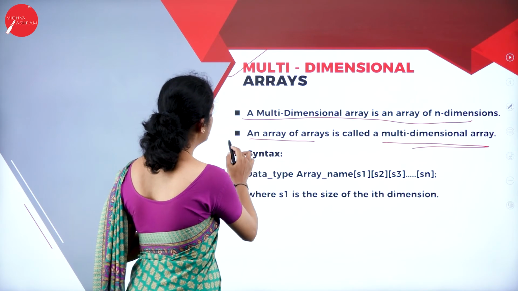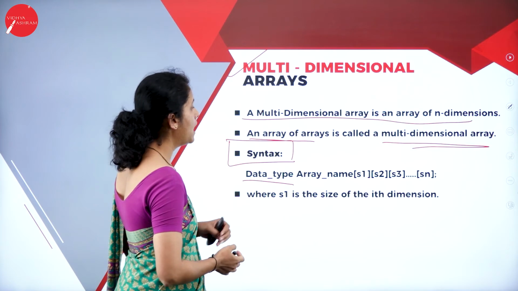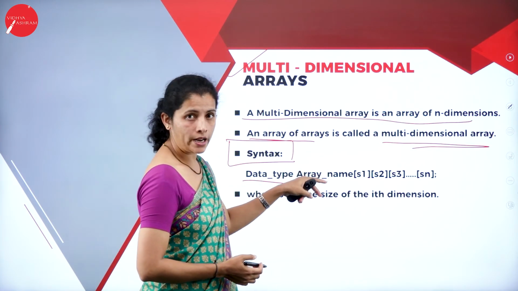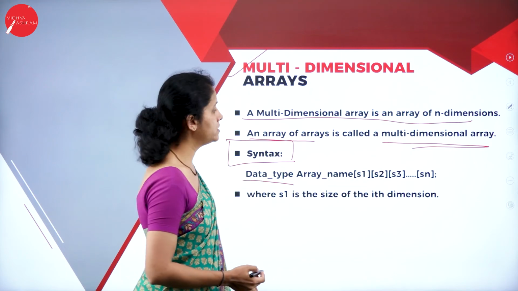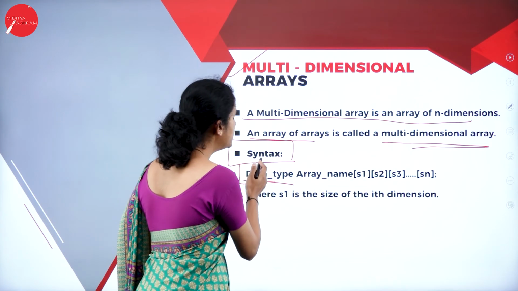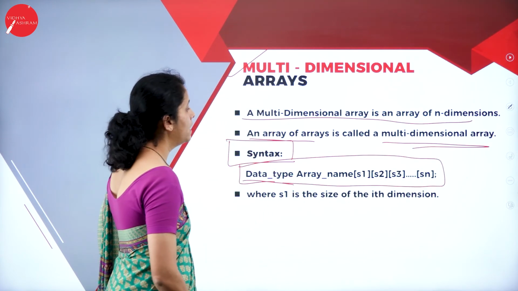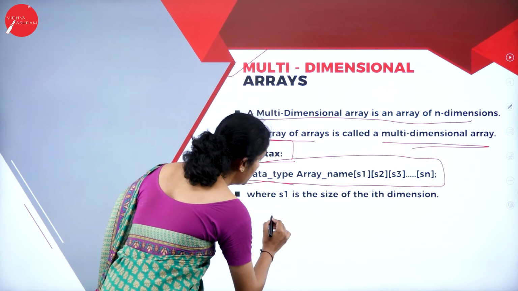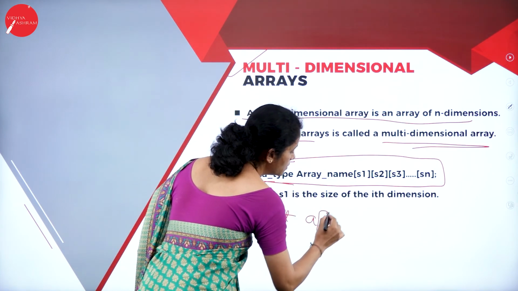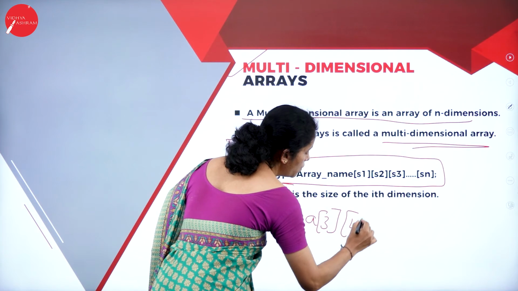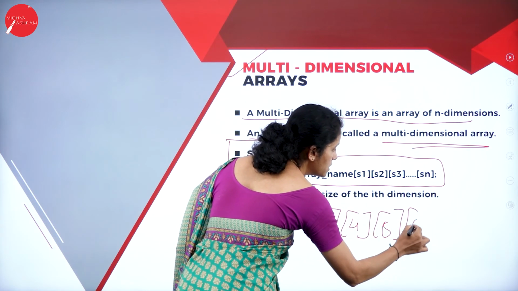And the syntax here is, first I'm going to have the data type, then the array name, and then n number of dimensions. So, this is the syntax for the multi-dimensional array. And the best example here is int a[3][4][5][6].